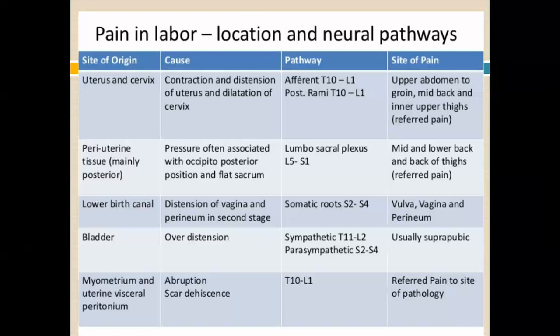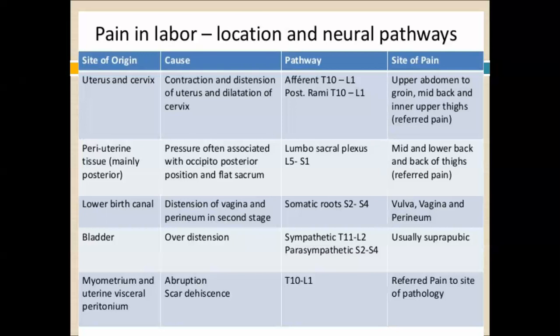Lower birth canal: distension of the vagina in advancing stages, or the last or second stage of labor. Distension of the vagina and perineum in the second stage is carried through the somatic nerves S2, 3, 4, and the pain is in the vulva, vagina, and perineum. The bladder: over-distension. Once there is complete engagement and descent of the presenting part, this will press on the urethra and cause distension of the bladder.